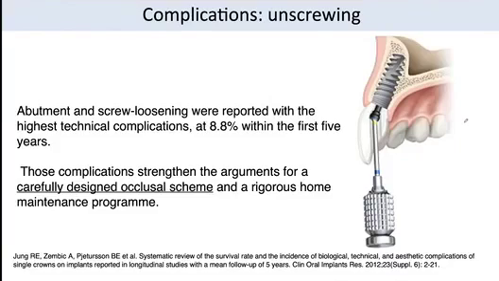Screw loosening was reported as the most frequent technical complication, around 10% in 5 years. So it is a very common complication. And those complications support the argument for a carefully designed occlusal scheme and a rigorous maintenance program.